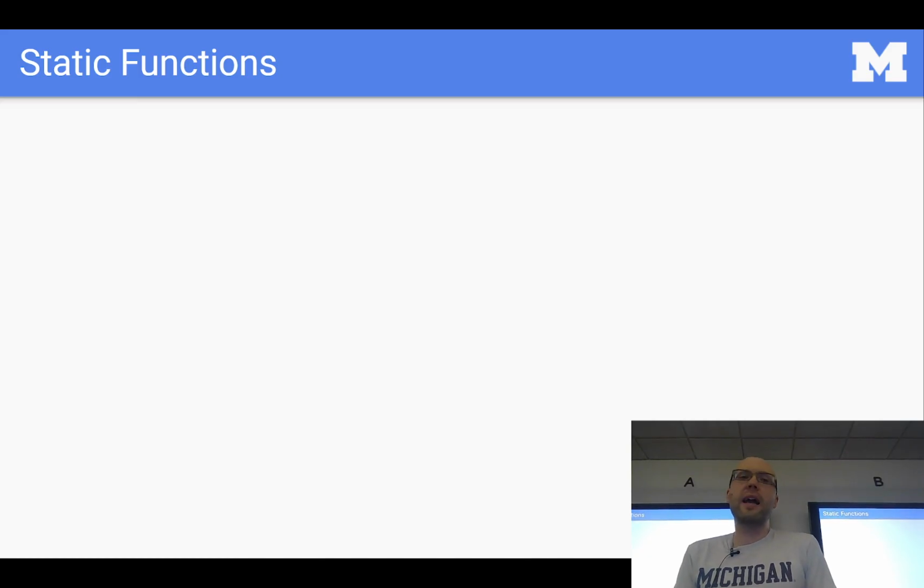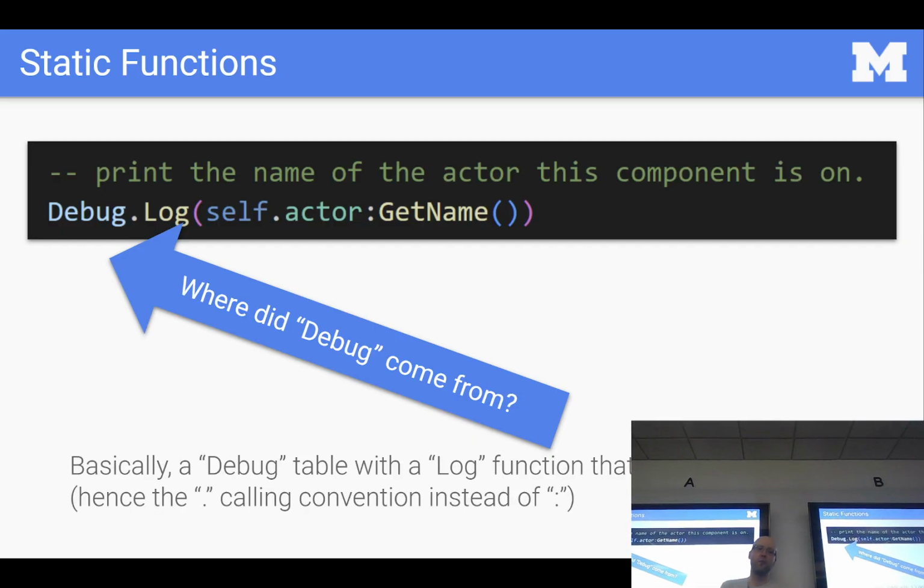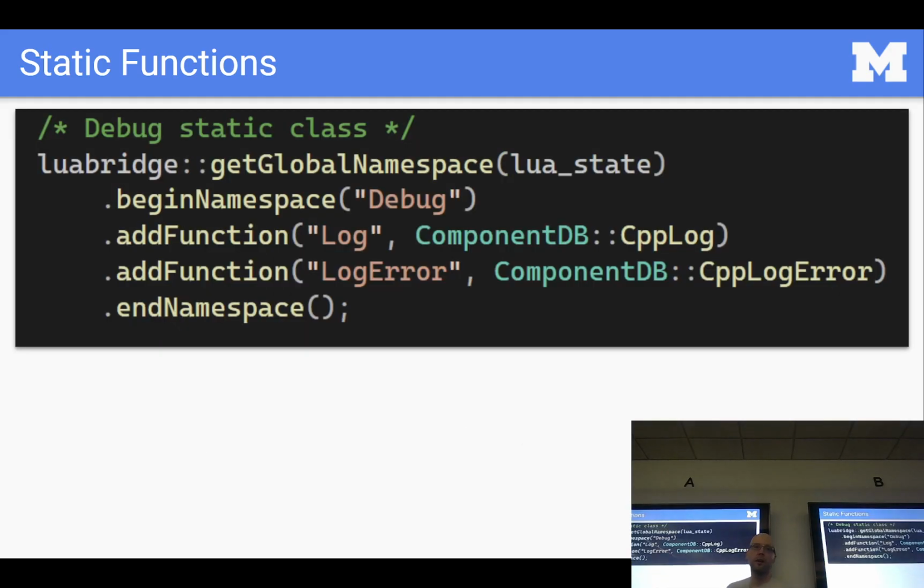Let's talk about static functions because Debug.Log is a static function. It doesn't have any sort of reference to self or to an instance that it needs, okay? Where did Debug come from? Basically, Debug is a table in Lua that C++ will inject into the global Lua space, and it has a log function that connects to a C++ function.